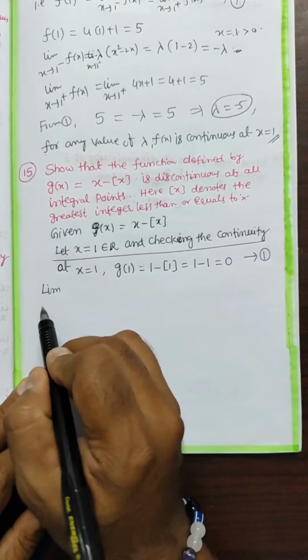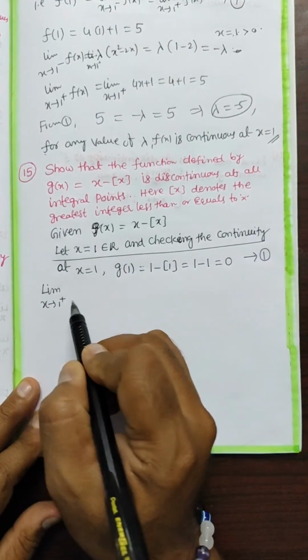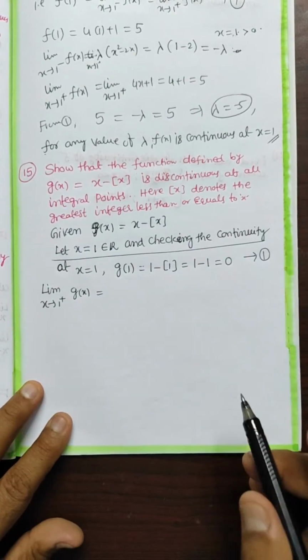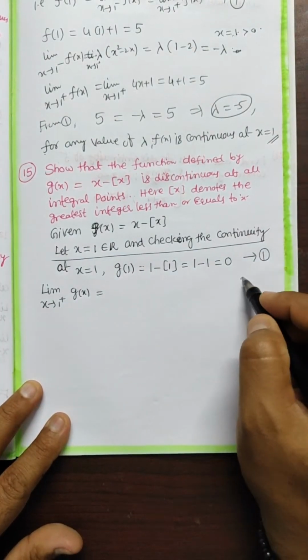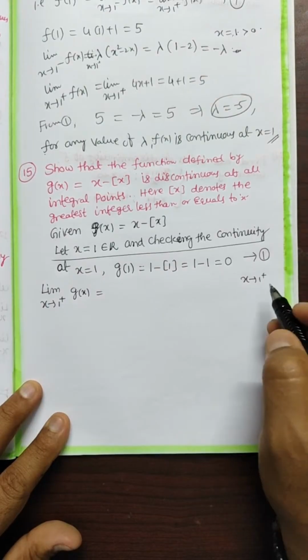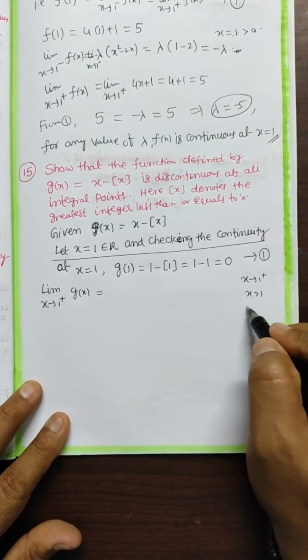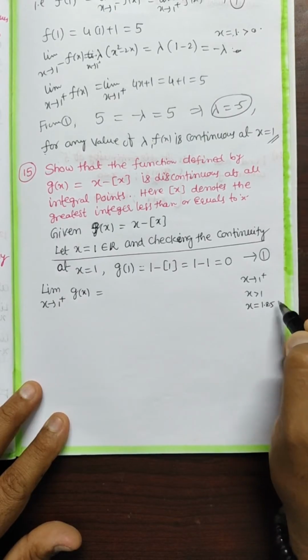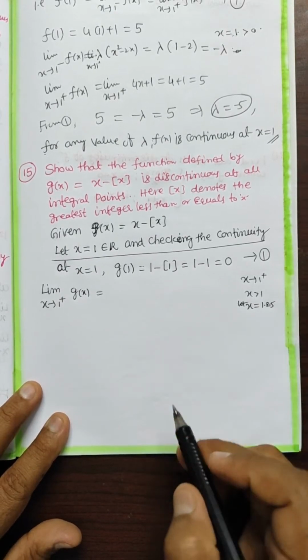Later, limit x tends to 1 plus g of x. X tends to 1 plus means x is greater than 1. So you have to consider 1 point something, 1.25, let us consider like this.